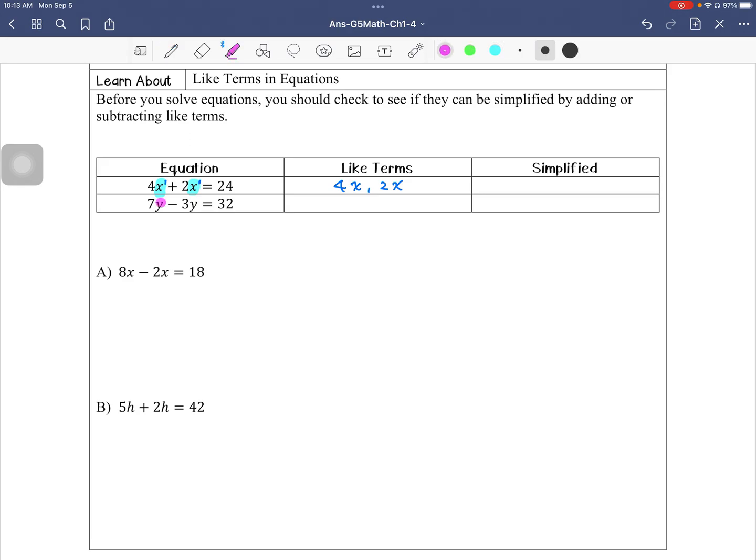So the like terms are 7y and 3y, and once we simplify, this is 6x equals 24. This is 4y equals 32. So 8x minus 2x is 6x equals 18. Then this is multiplication, so make it division, so x equals 3.